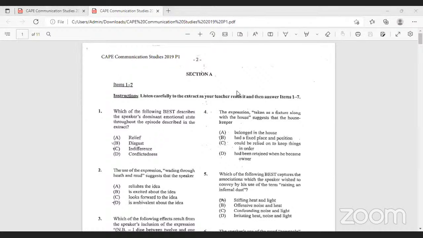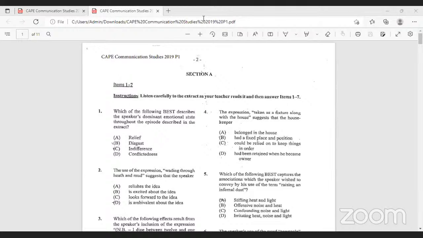Okay? So number 2: the use of the expression "wading through heath and mud" suggests that the speaker relishes the idea, is excited about the idea, looks forward to the idea, or is ambivalent about it. I'm not going to wait for everybody to answer. I just want us to understand the answers that we're going through.